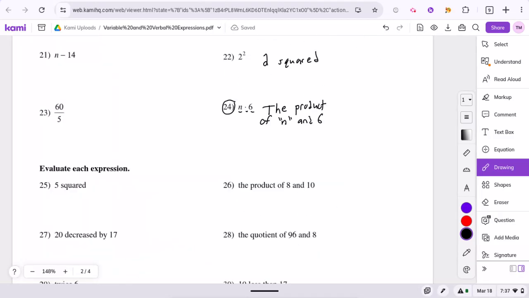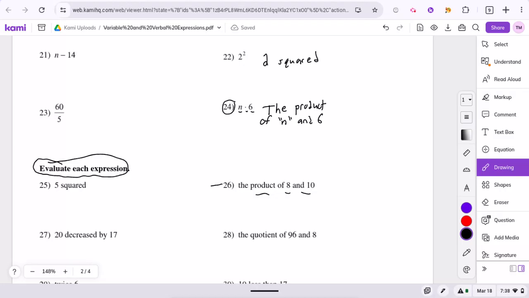Okay, now they want us to evaluate each expression. So it gives it to us as a verbal expression. We want to translate it and then get the answer. So first one here, the product of 8 and 10. Let's first write it, and then we will solve it.